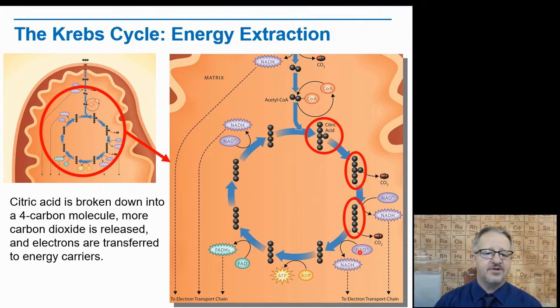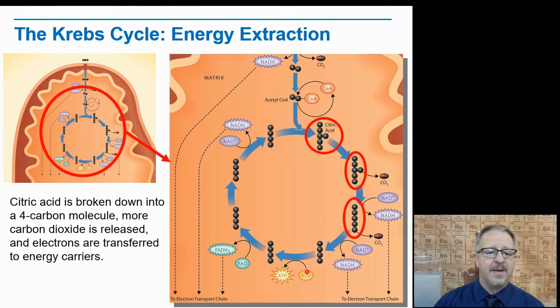We also have generated more NADH from NAD pluses. And again, the NADH, just like before and just like here, is going to move on to the electron transport chain. So while these reactions are taking place, we're losing CO2, we're converting NAD plus into NADH.